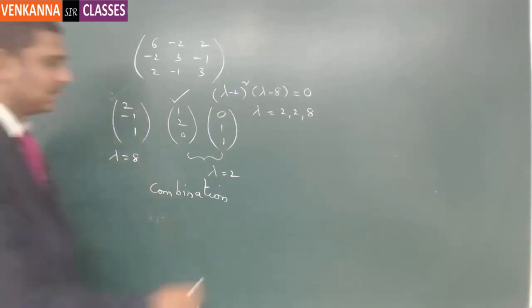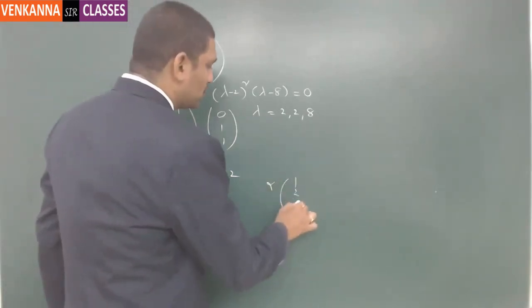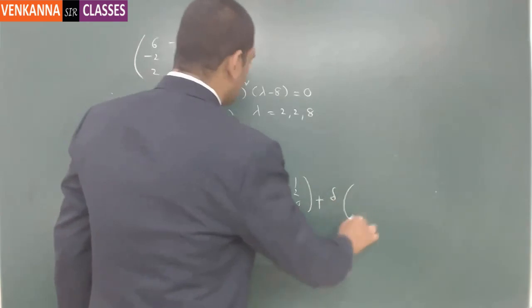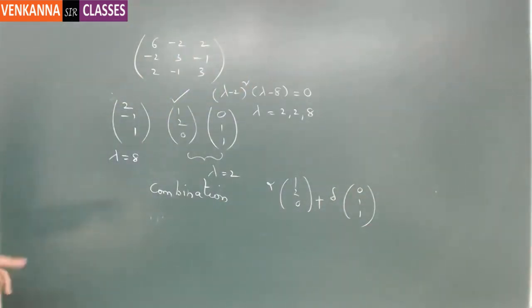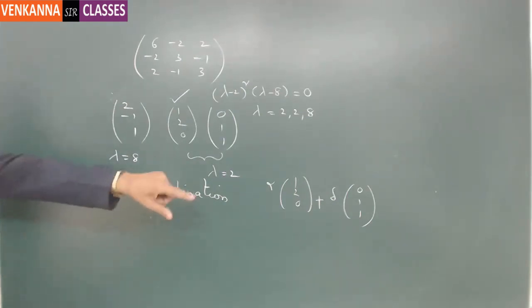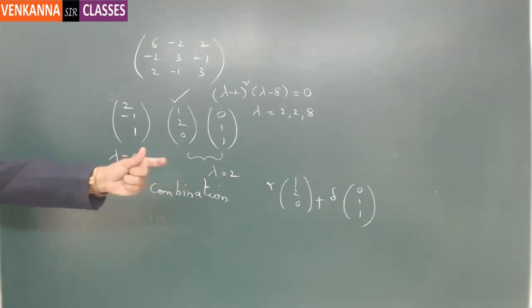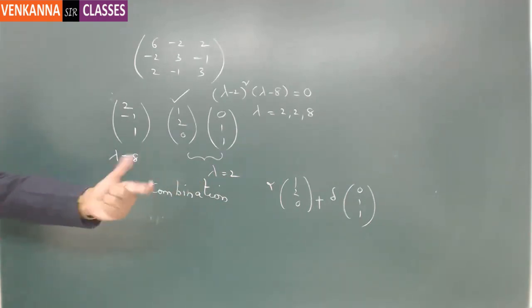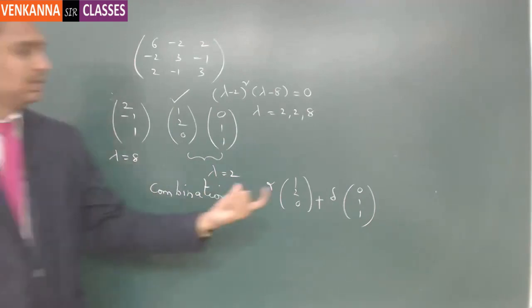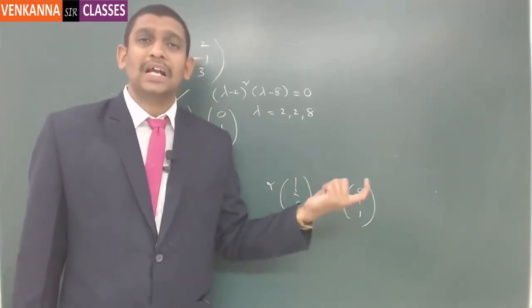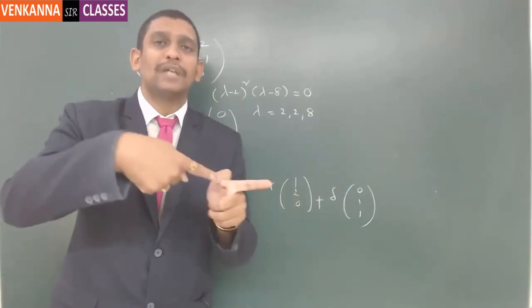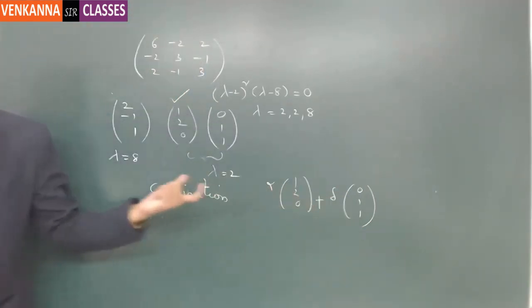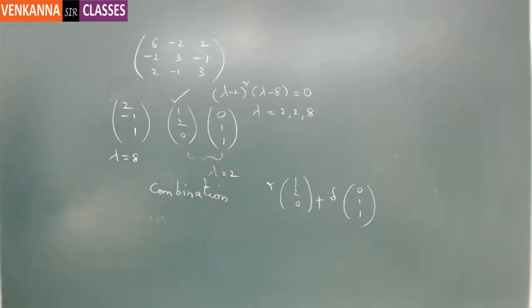So we write alpha into 1, 2, 0 plus delta into 0, 1, 1, where alpha and delta are some numbers; we call it a linear combination. So these two vectors together constitute a plane, and you are finding a vector which is perpendicular to that. That is the whole idea behind this, right?